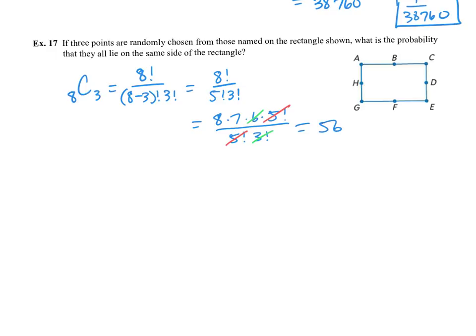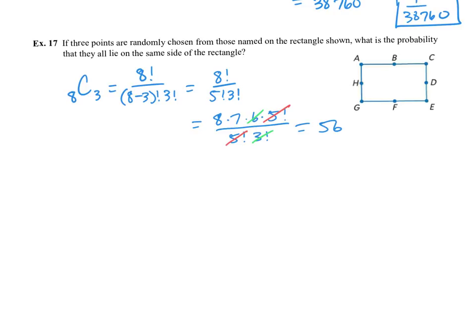Okay, so the probability then of choosing 3 points, it says what is the probability that they all lay on the same side of the rectangle? Well, you'll notice that unlike the last examples, there's more than one way that can happen. I could choose these 3 that are A, B, and C that are on the same side, or I could choose these 3, C, D, E, that are on the same side, or G, F, E that are on the same side, or A, H, G that are on the same side.